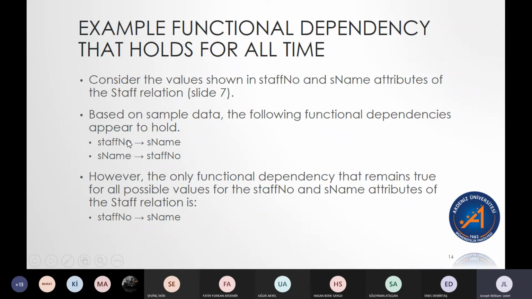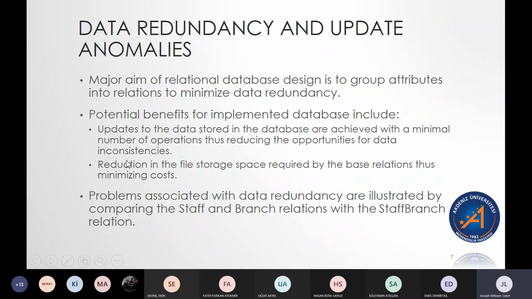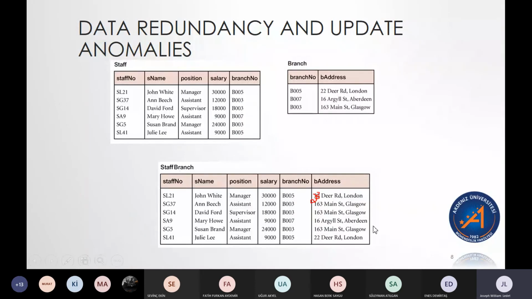And it might appear that based on our sample data, slide 7, this example here, it might appear staff number determines name, name determines staff number. Like they both work both ways, right?